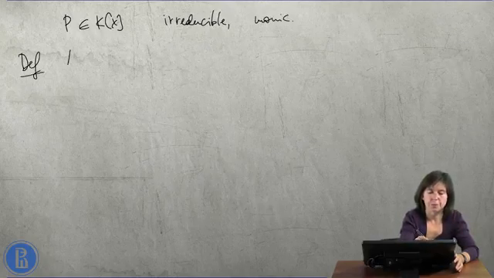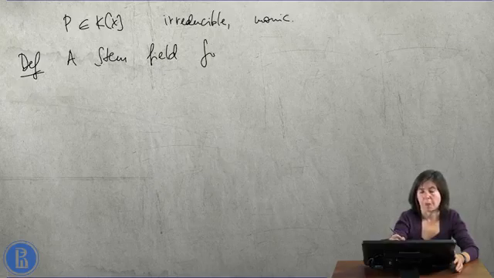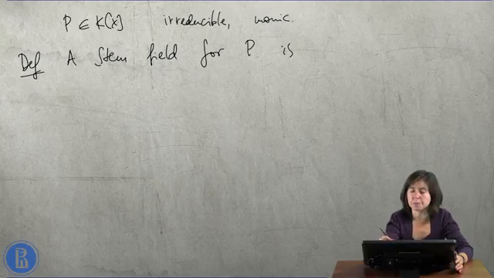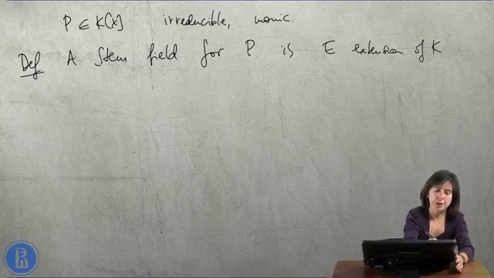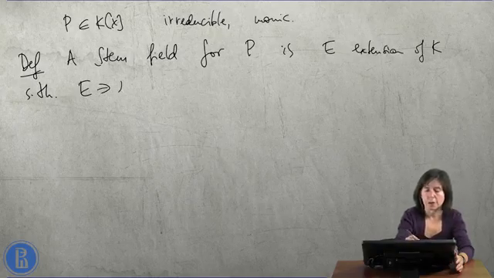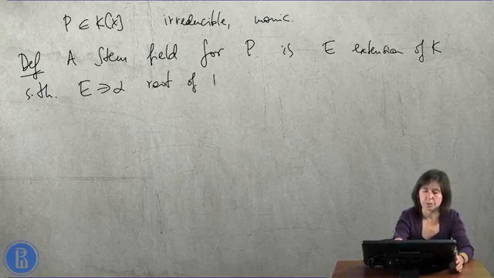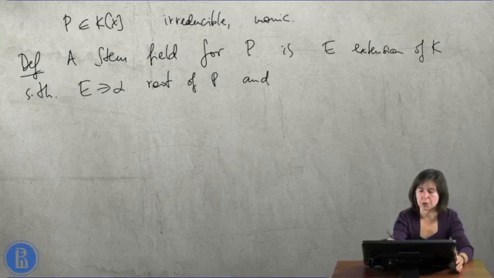A stem field for P is an extension E such that E contains a root of P and is generated by this root.